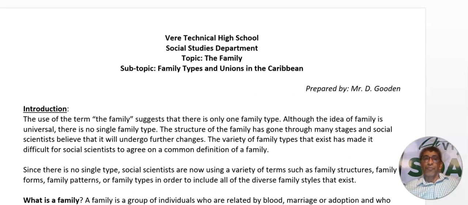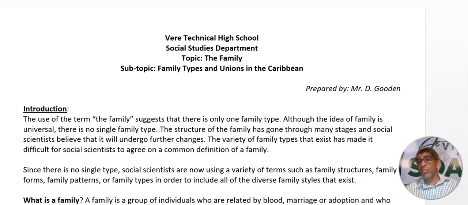All right. I also want to remind you that the information that is in front of you on the screen is one of three handouts that were given to you. The first one was the glossary of terms relating to family. You need to go through that.